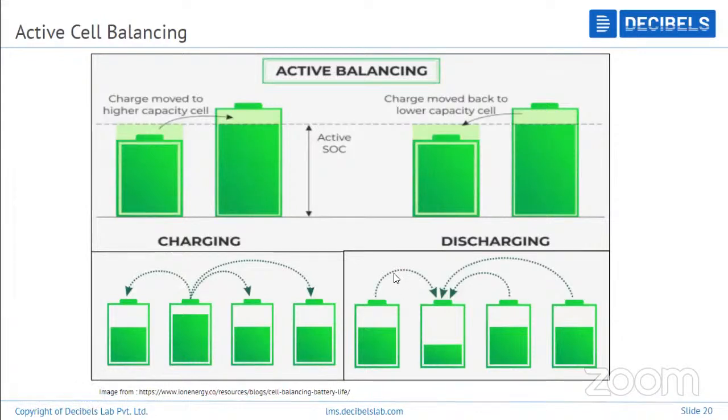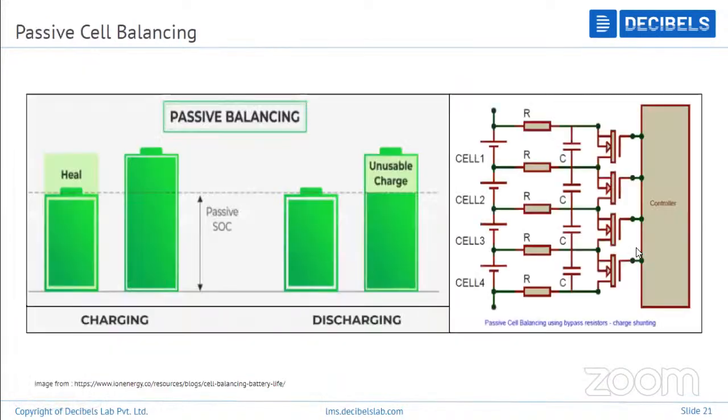These are called active and passive balancing. In active balancing, you distribute the energy to the neighboring cell to get to a balanced state. But in passive, you just pour it out, or you waste it in the form of heat by discharging the energy, and you balance it.